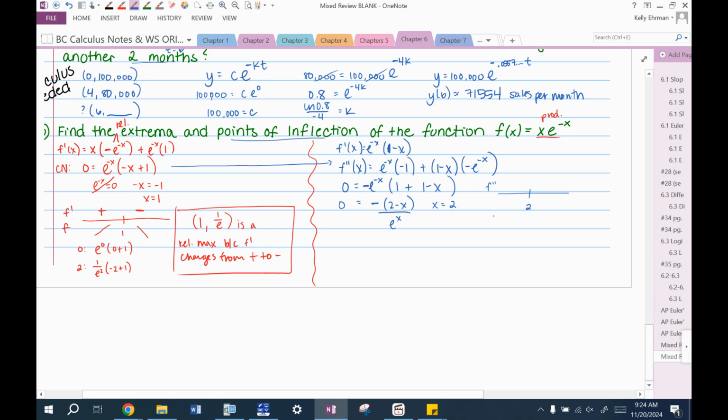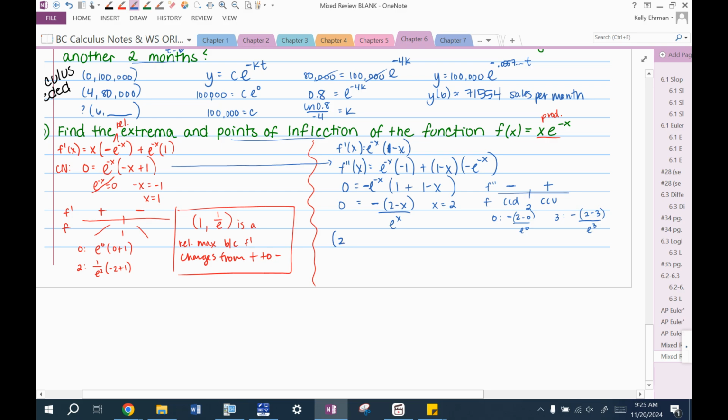So let's see. If we plug in 0, we get negative 2 minus 0 over e to the 0. That's negative 2 over 1. That's negative. And if we plug in 3, we get negative parentheses 2 minus 3 over e to the third. Negative negative 1 is positive 1, so that's positive. That means that f changes from concave down to concave up, which means that's a point of inflection.